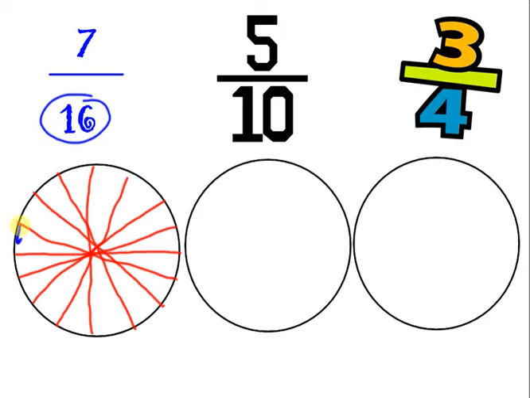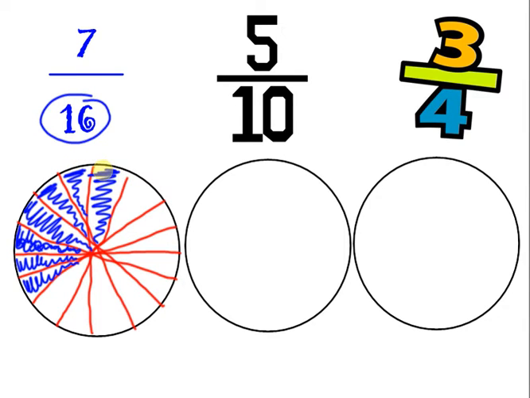Now I have 7. So let's color in 7 here. So this is 1, 2, 3, 4, 5, 6, and 7.